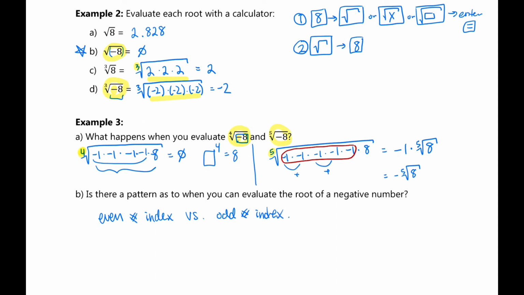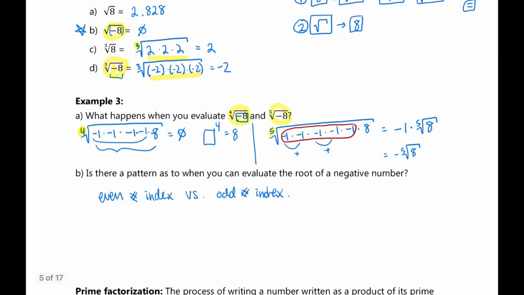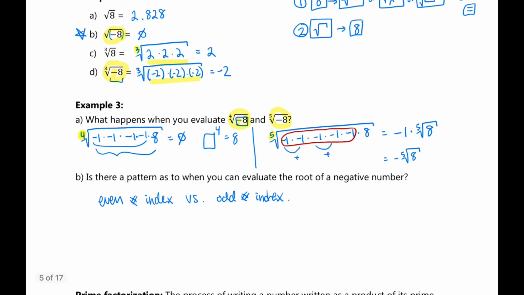I would like to show you why this is true mathematically. All right, for the square root of a negative number, let's say it is defined. Then for example, some number x is equivalent to the square root of a negative number, let's say -1. Let's try it. When we're undoing it, we square both sides to get rid of the square root.